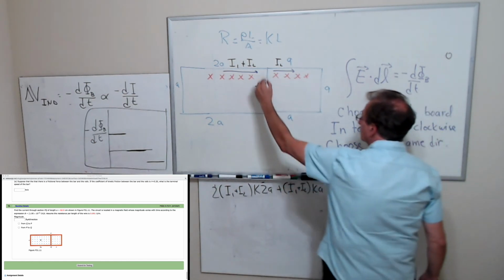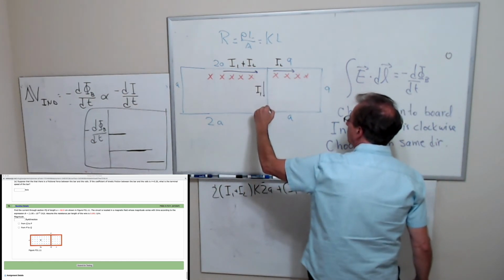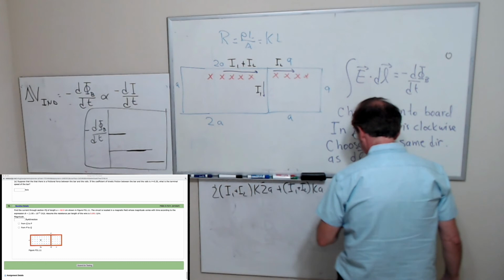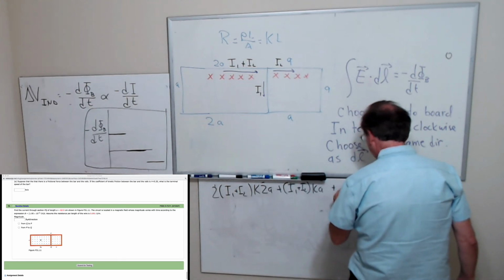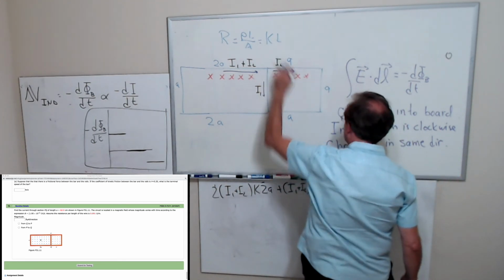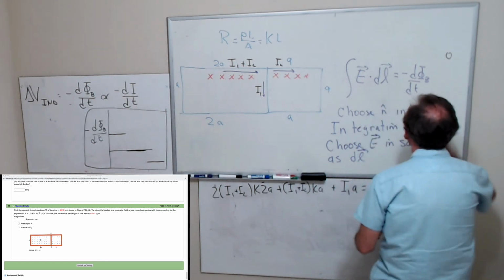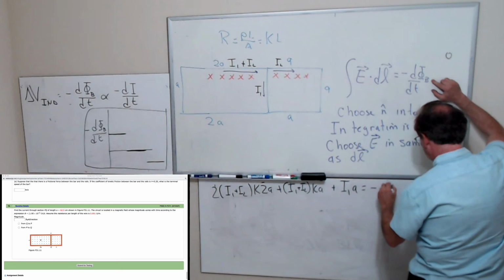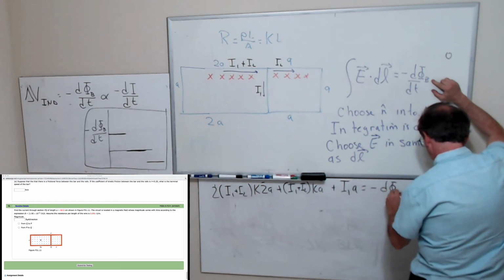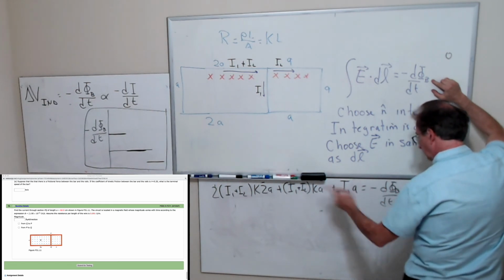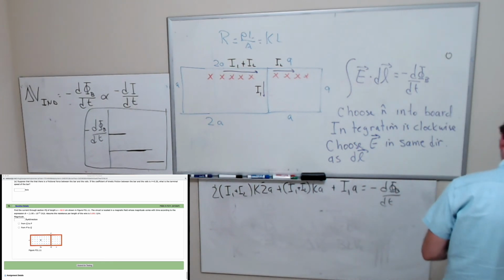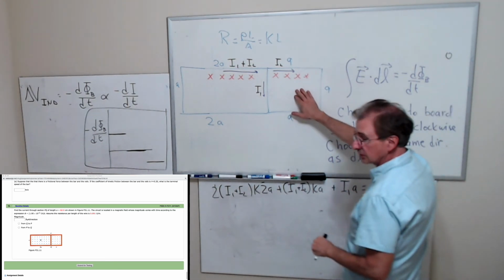And then to complete the loop, I have a current I1 here, and then my resistance is going to be K times A. And that's going to be equal to the time rate of change of flux through that loop. Then I do the same thing through this loop.